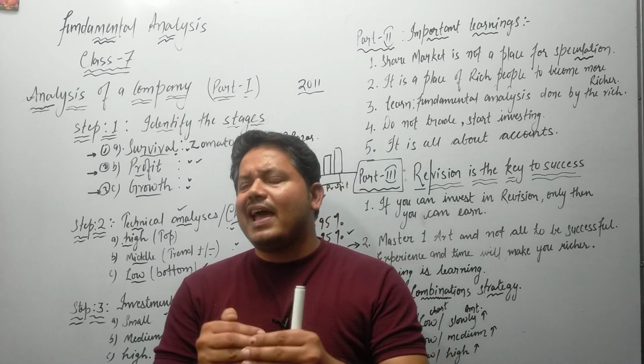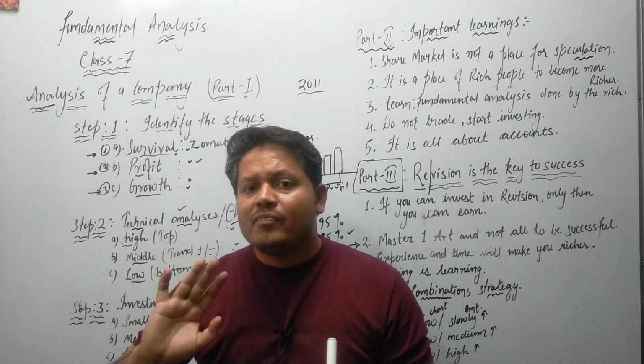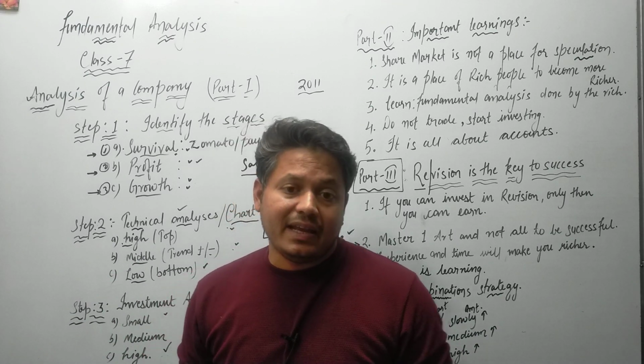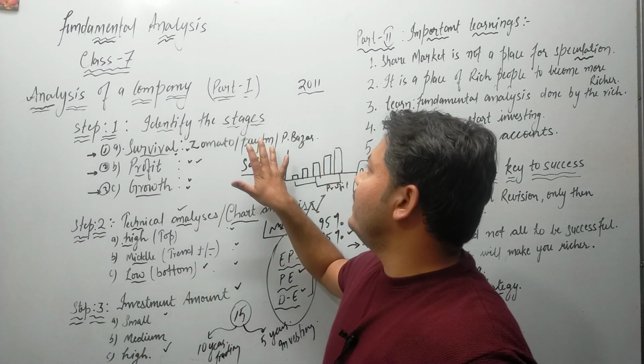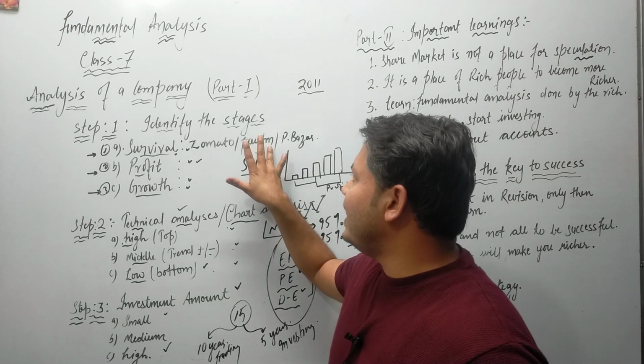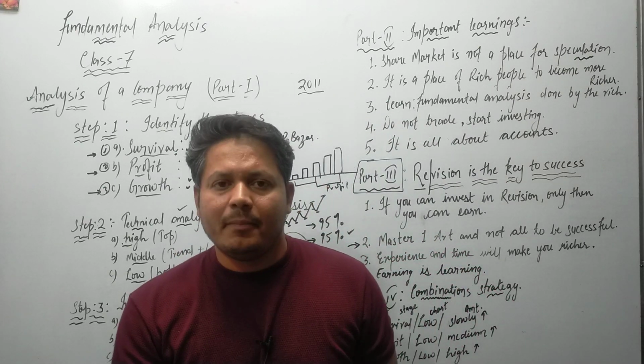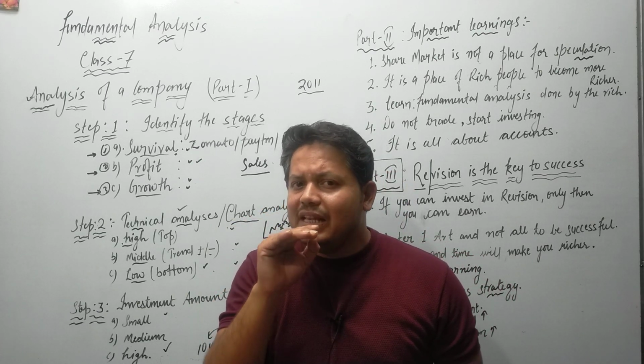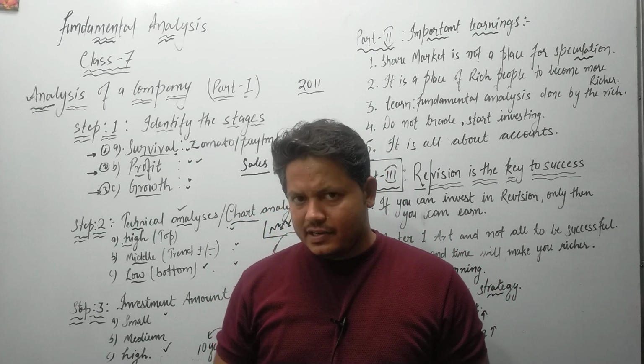If anybody would have invested at the peak, he would have lost all the money. So it is very important that you find out the bottom of the Paytm to invest your money, because the risk will be least. Understood?